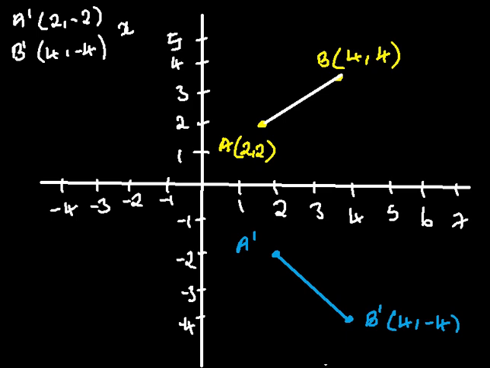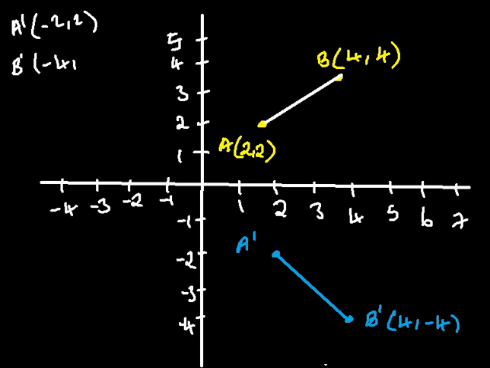And how about the reflection of the line along the y-axis? The y-axis corresponds to having the points negative 2, 2 and negative 4, 4. And what will be the line? We can have it as negative 2, 2.